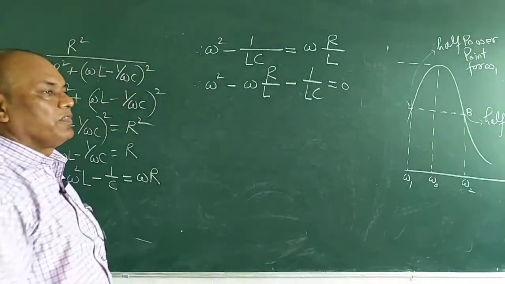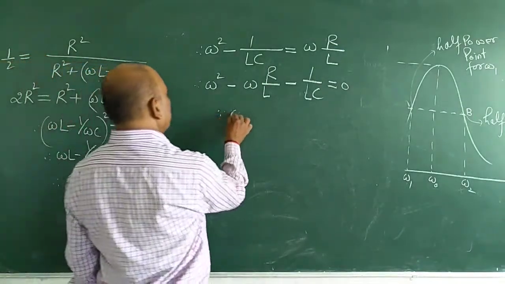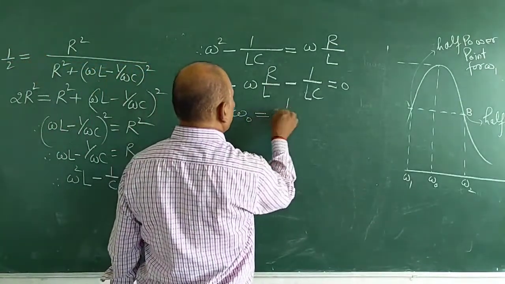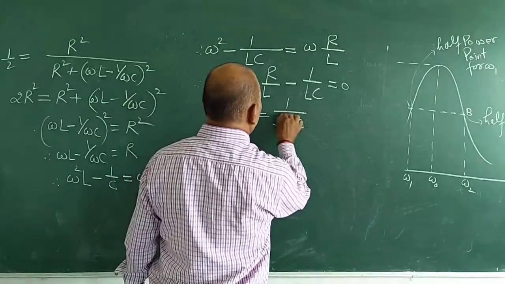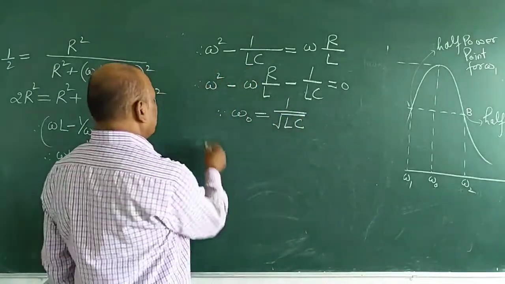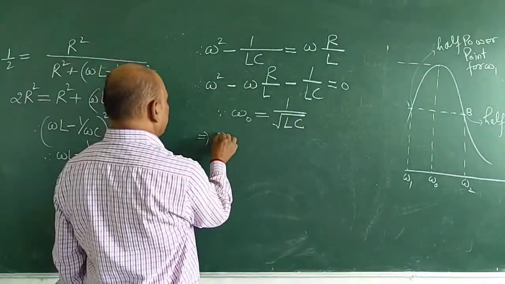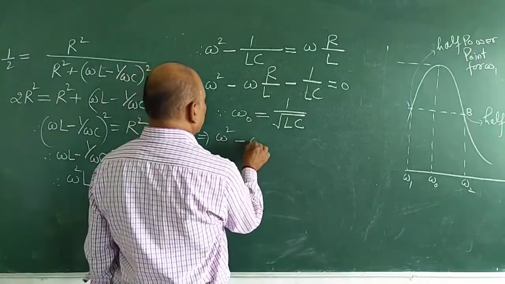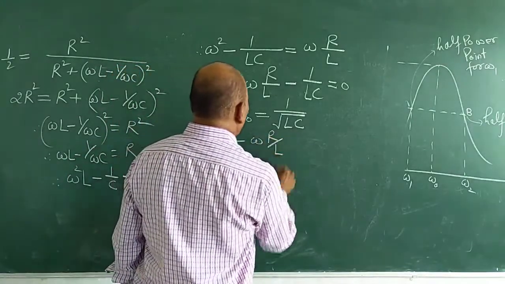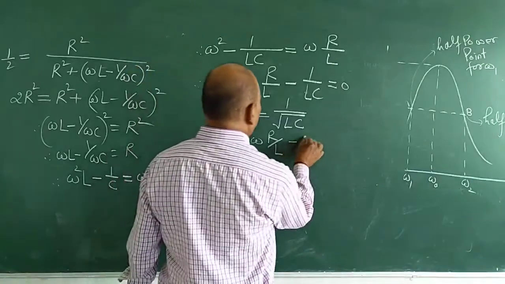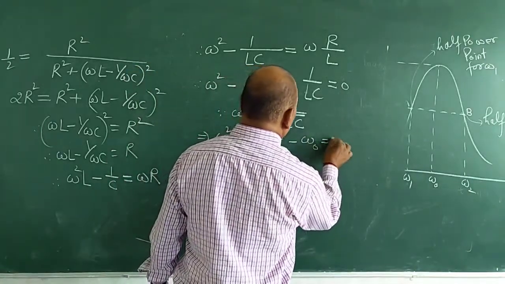Since we know that omega naught is equal to 1 by under root LC, this equation is converted to omega square minus omega R by L minus omega naught square equal to 0.